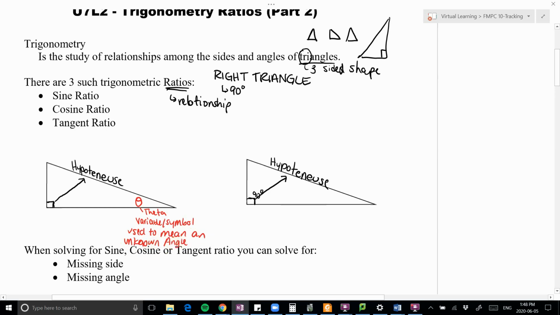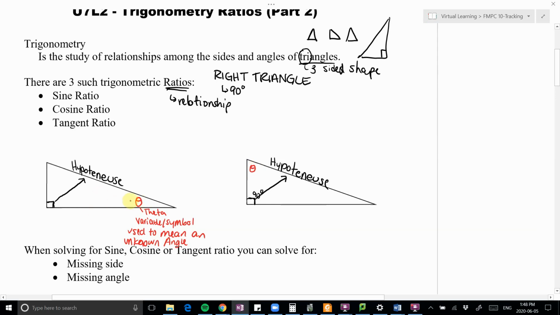So it always is talking about an angle. So if this is my theta, it's important that I know that that is the angle I'm looking for. As opposed to in this triangle, my theta being up here, right? So this is 2 different angles I'm looking for.